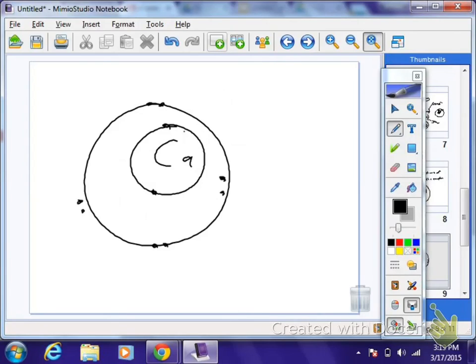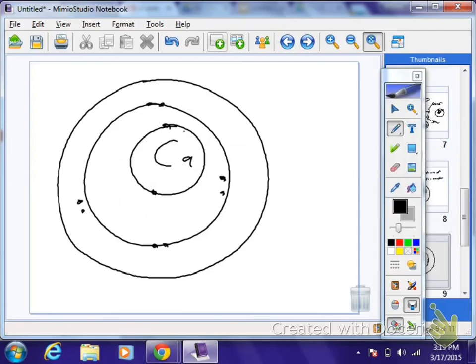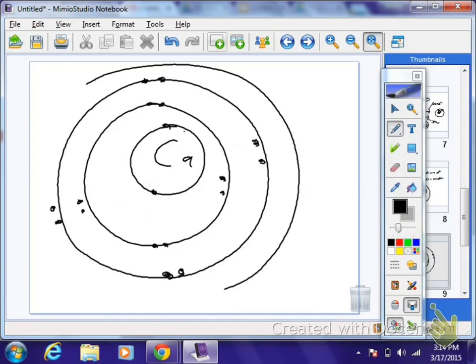Okay. Third shell has 8, right? Fourth shell has how many? I guess it has 2 electrons. So I've got 18 drawn, plus 2.